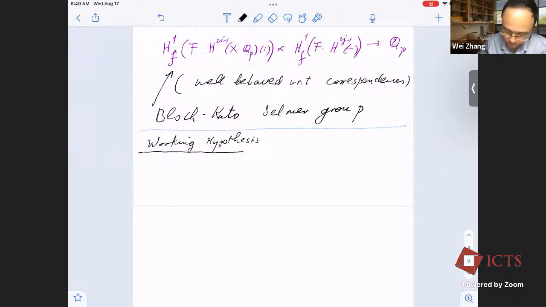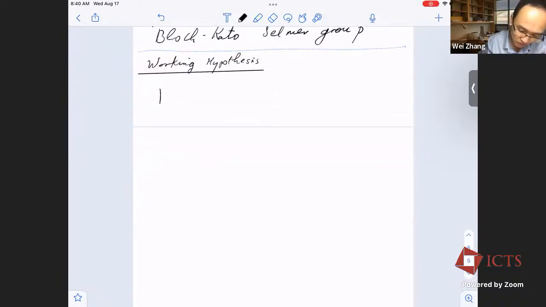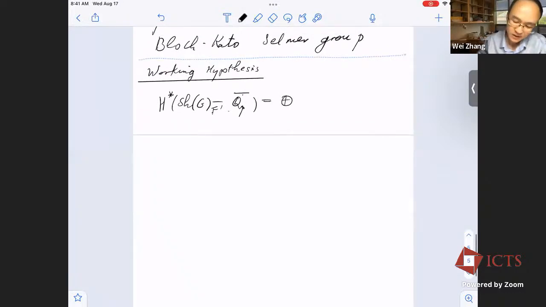The working hypothesis I want to make is that we have a good understanding of the cohomology of the Shimura variety, the étale cohomology for G over the algebraic closure. Well, okay, the p-adic étale cohomology. Here I'm fixing a prime p from now on. So this should decompose as expected.